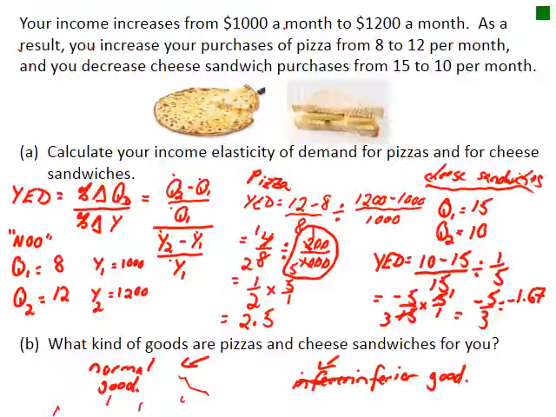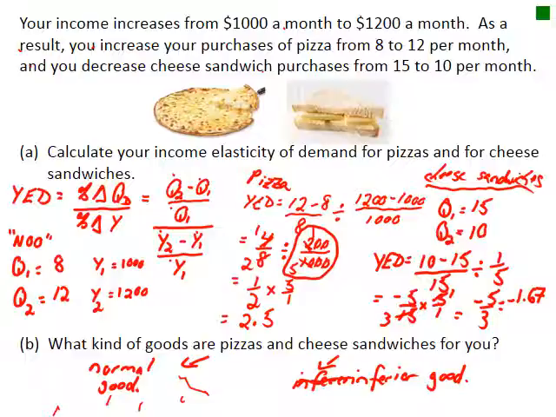We have new minus old divided by old. So we'd have Q2 minus Q1 over Q1, and we're dividing by Y2 minus Y1 over Y1. Let's just do a check. New minus old divided by old.